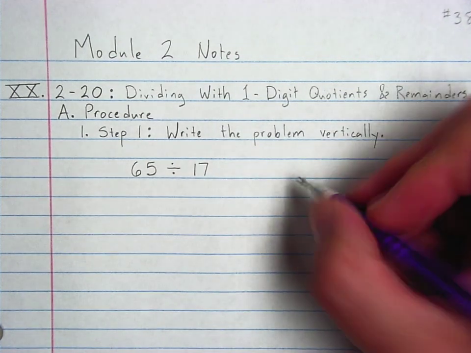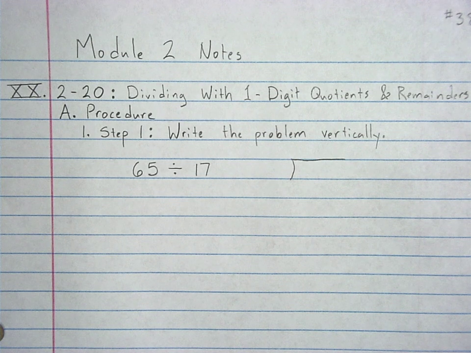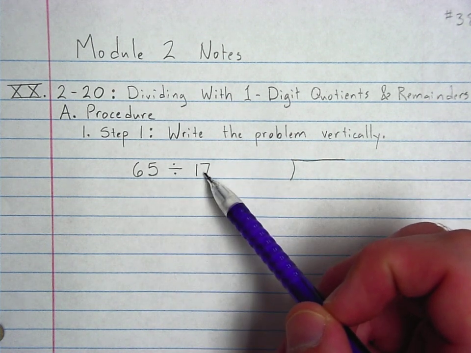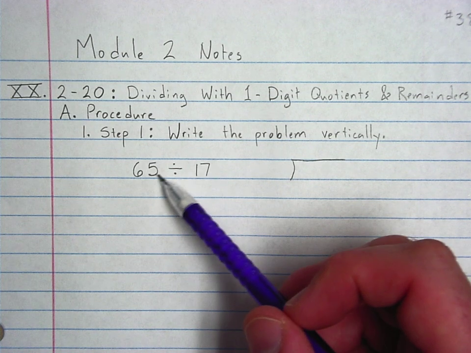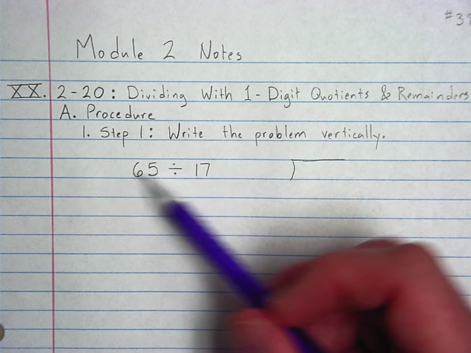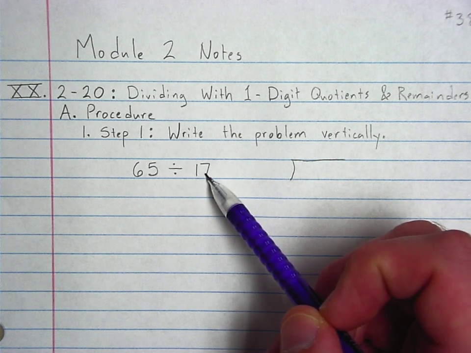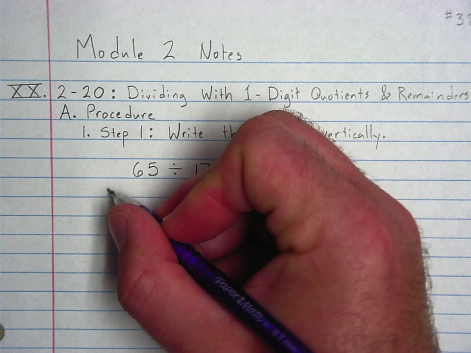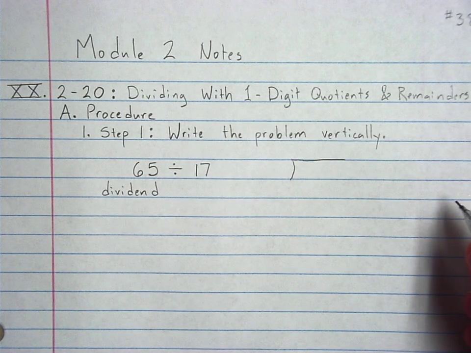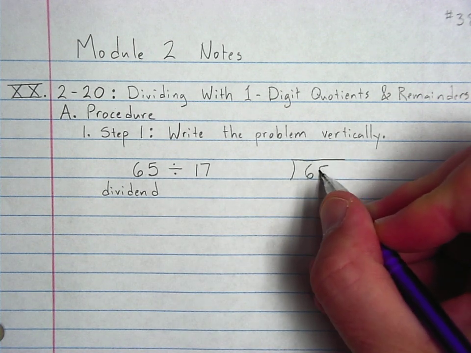Now, I need to put these things into the division hut, into the little division symbol. When you have an expression like this, now word problems have different rules, but for an expression, once you have it written something divided by something, your first number is going to be your dividend. Your dividend, your first number, goes inside the division hut.